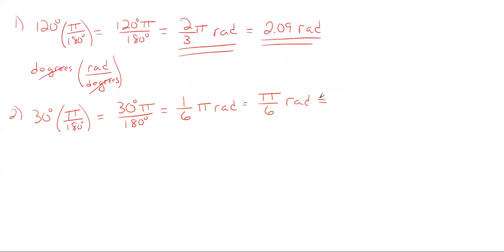Or if you want it in decimal form, like the real physical number, 0.524 is what you get when you take pi divided by 6. And all those values are equal to each other.